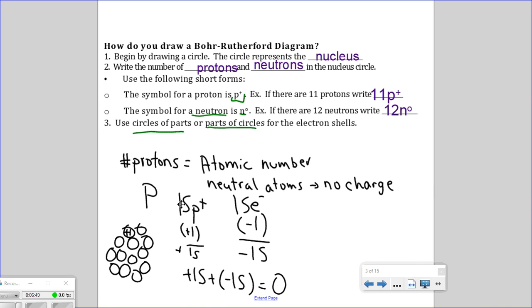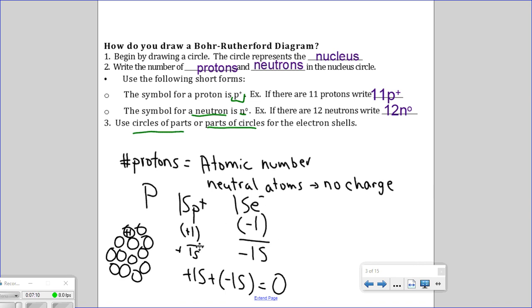And so, the reason why that is, if we consider, for example, a nucleus that has 15 protons in it, protons are positively charged, that neutral atom will also have 15 electrons around it, and each electron carries a negative charge with it.